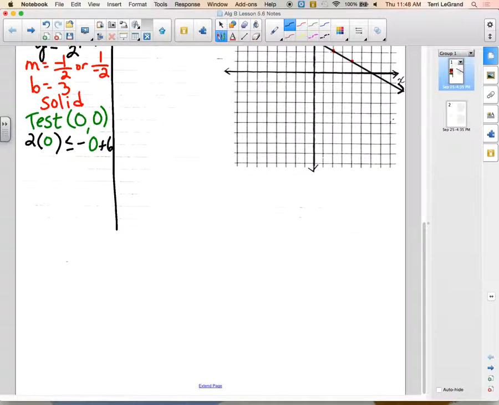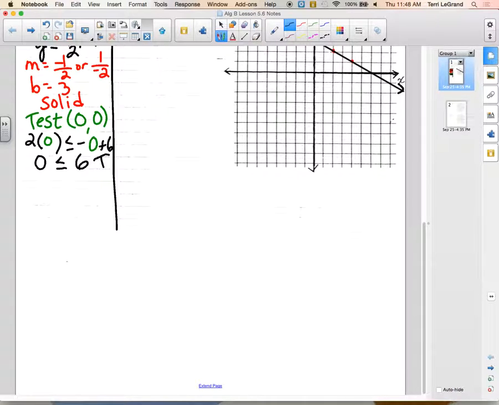Okay. Is less than or equal to, what's the opposite of 0? 0, that negative sign in front of the x. Opposite of 0 is 0. 0 plus 6 is 6. So no, we can't have a negative x, but we can read it as the opposite of x. True or false? True. 0 is less than 6, so we say that's true. Capital T I'm going to give it.